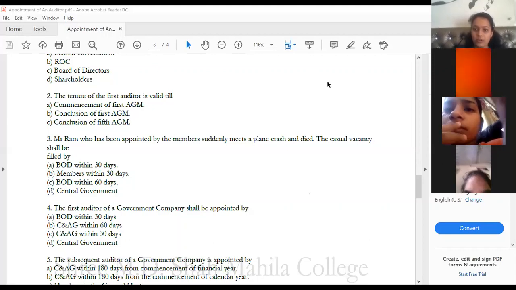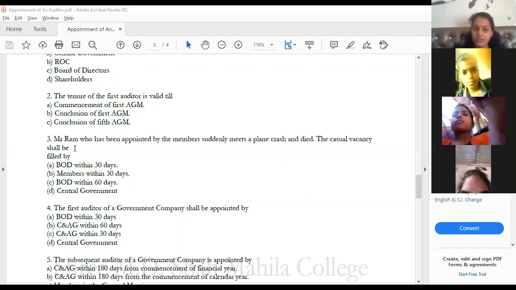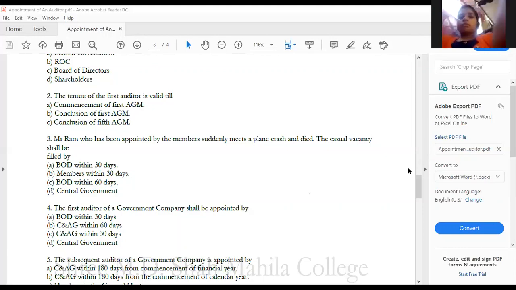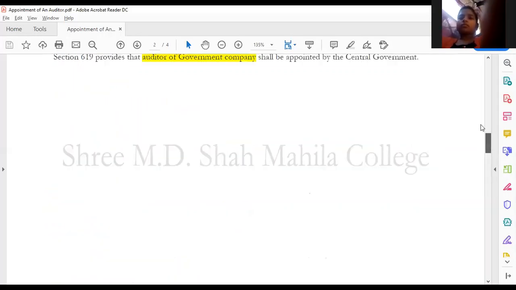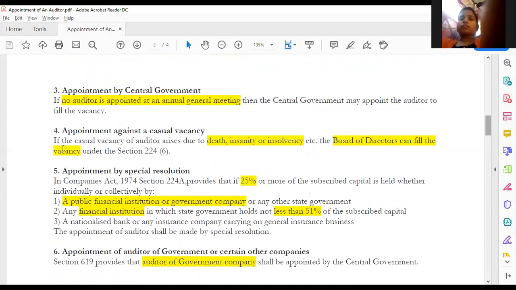Let's have a look. See, Mr. Ram, who has been appointed, we just studied about casual vacancy. Let us go back to casual vacancy. Over here, we just understood casual vacancy arises because of death, insanity, and insolvency. So in the question, Mr. Ram has died in a plane crash. So in this case, who can fill the vacancy?